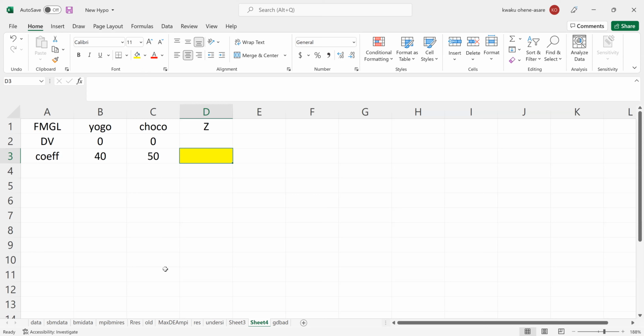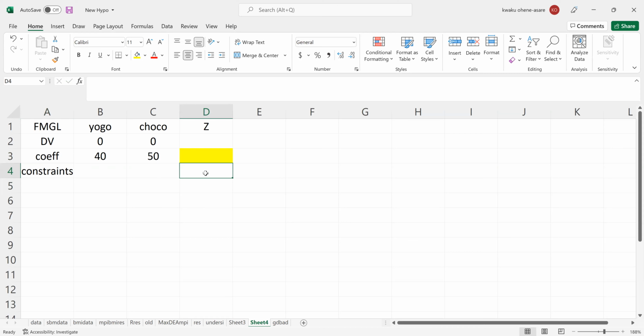Okay. The next thing to do is to write constraints under the coefficient. So we are going to write constraint because the next thing to do is to know the constraints. In the constraint, you have to have something we call the left-hand side.